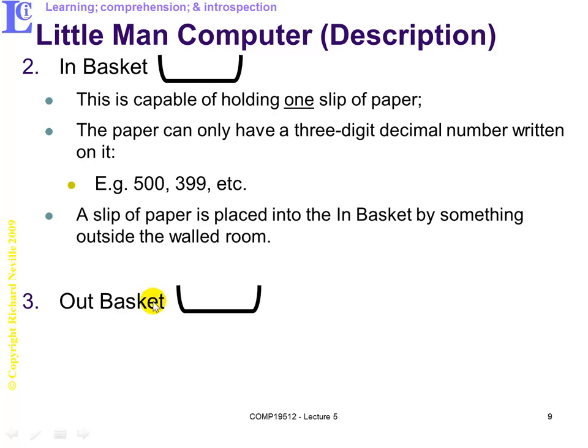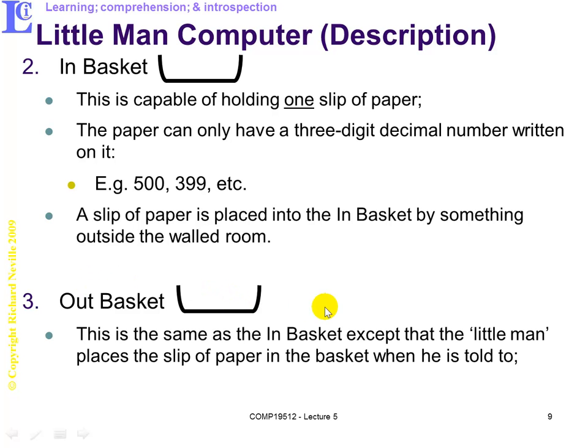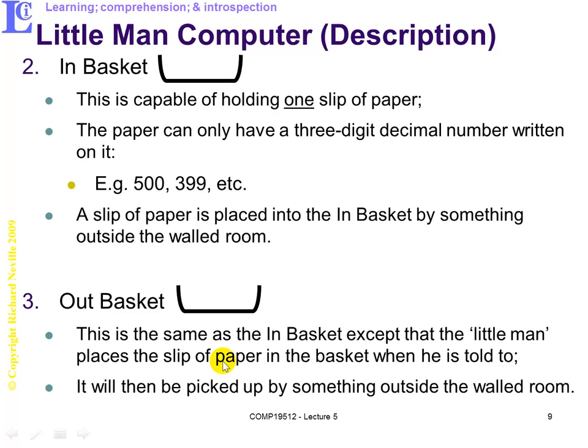Now the out basket, another basket here. The difference is the flow tends to be into it and then out of it. This is the same as the in basket, but the little man tends to place data in, which an external entity will remove from the out basket. And then the external entity picks it up and removes it from the walled room.